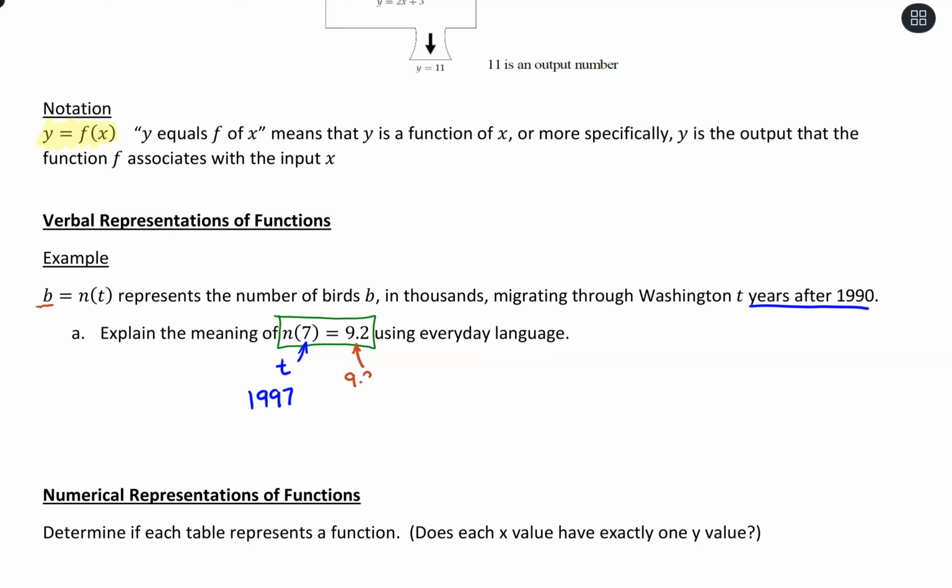So we have 9.2 thousand birds. And then what we can do is put those together in a nice sentence. So we could say, in 1997, 9,200 birds migrated through Washington.